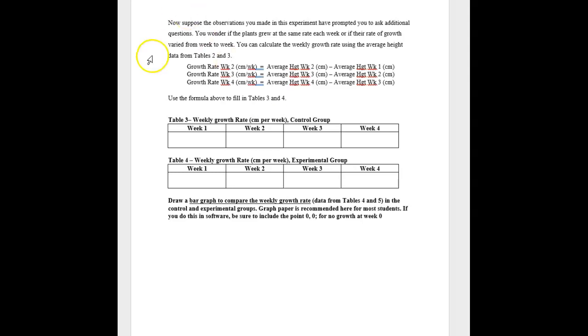So if you read this, this is how we're going to get the data for these two tables: we're going to take the growth from week 2, subtract week 1 to get only the growth between week 1 and week 2. And then the same thing for week 3 and week 4. So I'm going to give you the data here. Please ask me in class if you don't understand where I'm getting these numbers from.